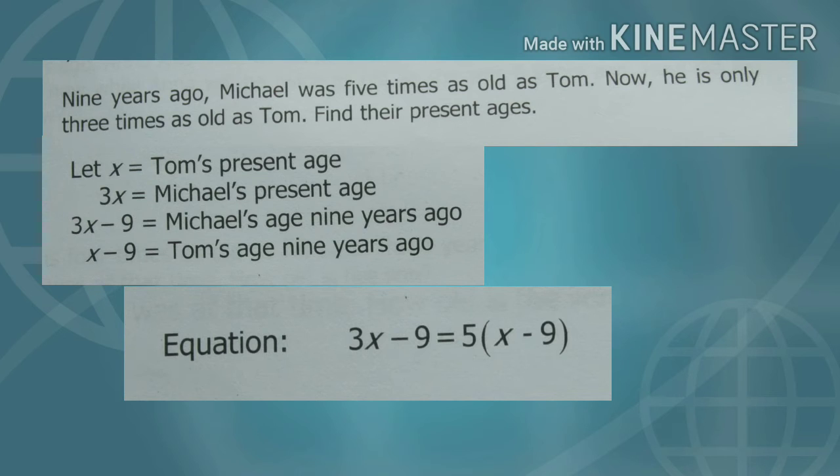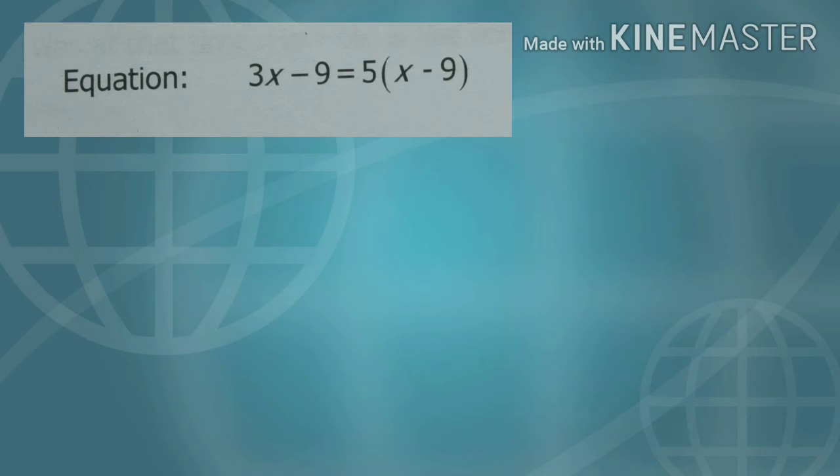So 5 times the age of Tom 9 years ago, that is 5 times x minus 9. Then we will solve our equation by distributing 5 to x minus 9. So 5 times x is 5x, and 5 times 9 is 45, and the sign is negative because it's negative 9.